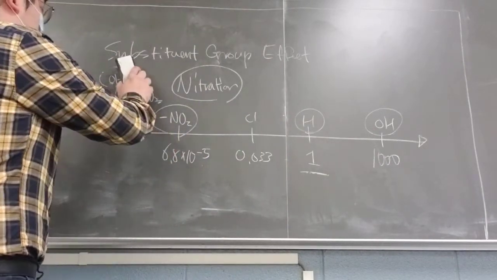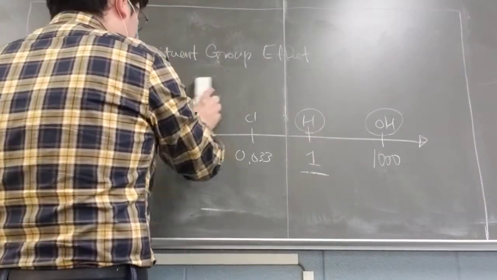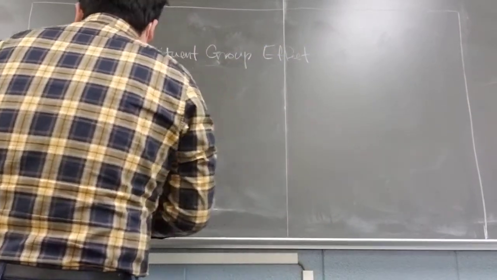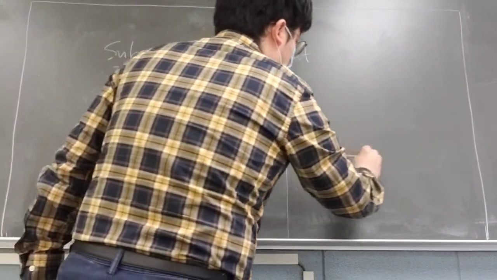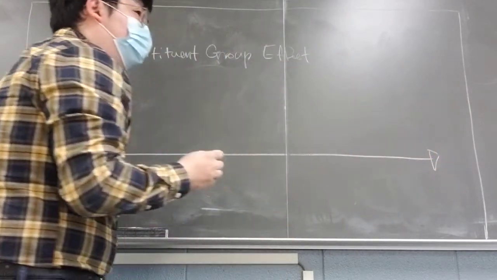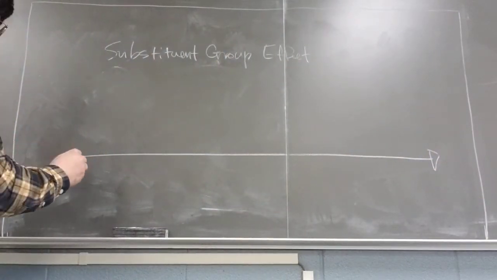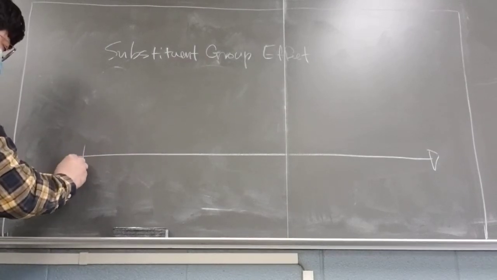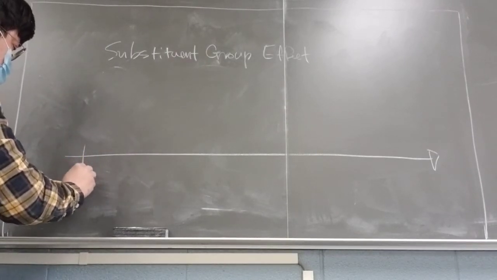Okay? I'll show you something, but obviously you don't have to memorize. I'll show you this in the table on your exam. But you can just try to copy me.